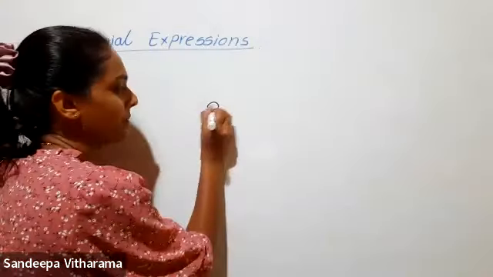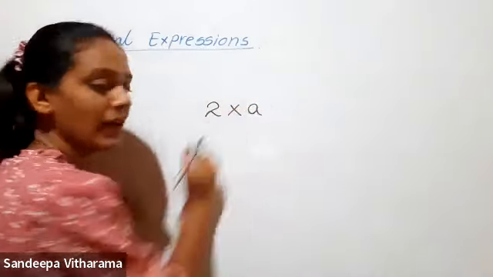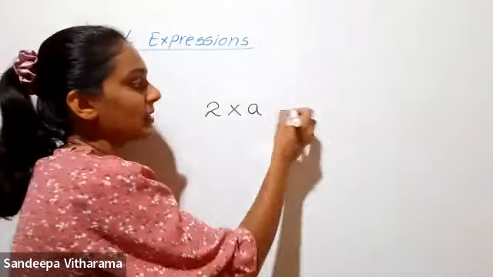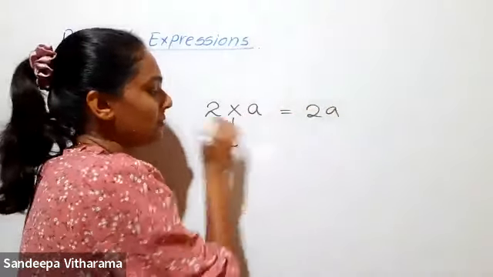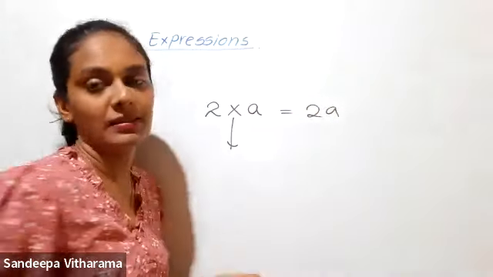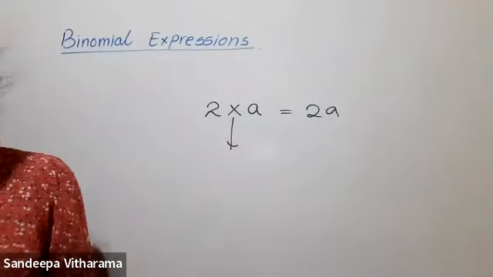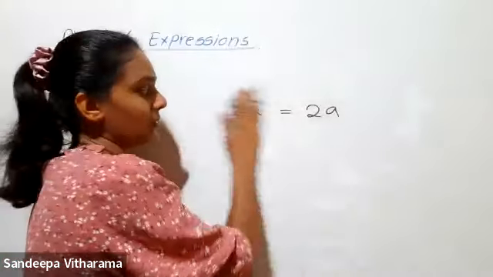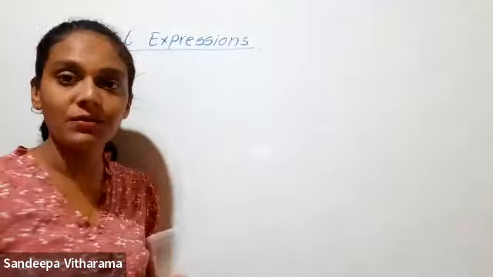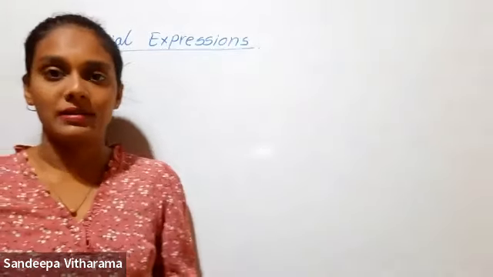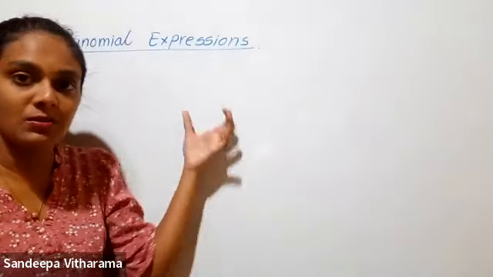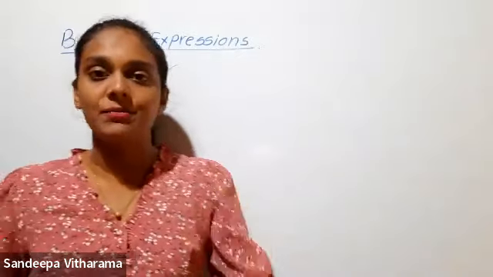When there is a product between a number and an algebraic term, this becomes two ways because this symbol is removed and we can write this together. Okay, it is a special property for the multiplication of algebraic symbols. But when it comes to the sum and the difference, there's no such kind of change in the expression.